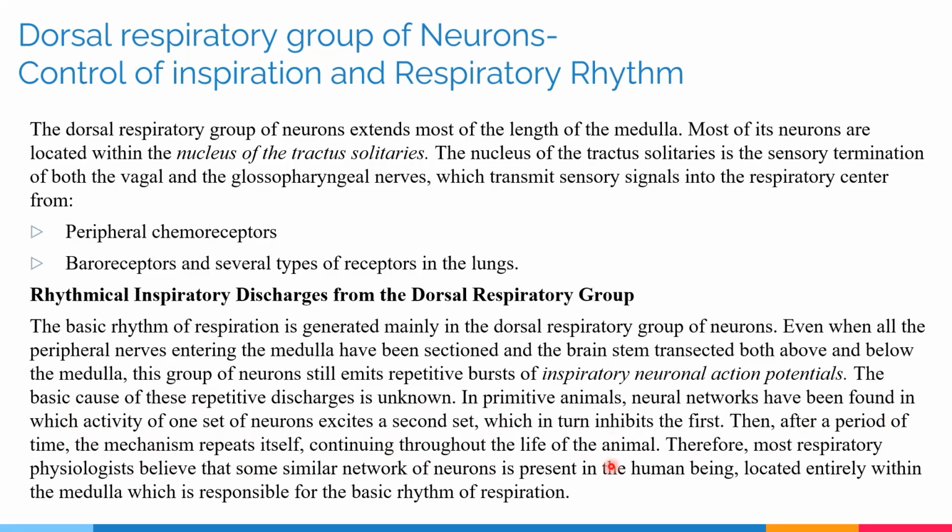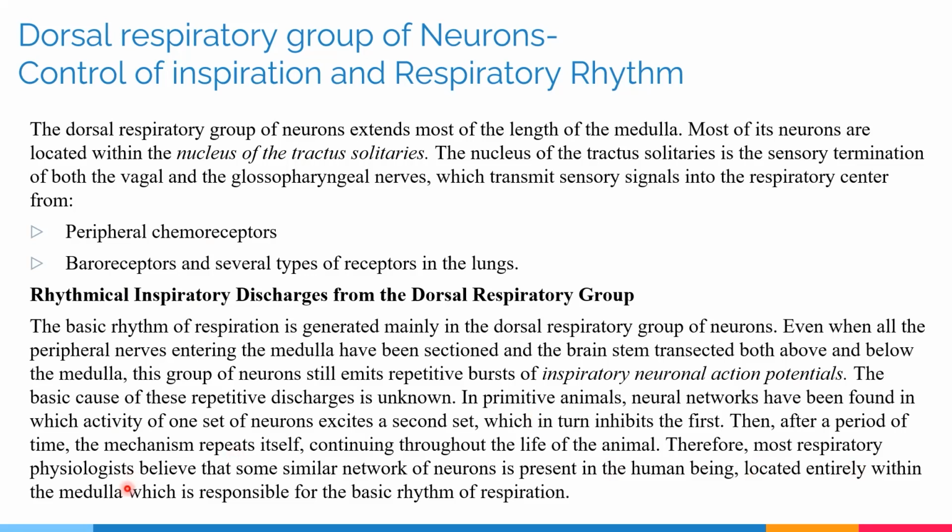So this kind of a closed feedback loop will be able to produce the inspiratory rhythmic discharges that might be necessary for the continuing of respiration. Thus, this has been shown in primitive animals, but these repetitive discharges have not been shown in humans.